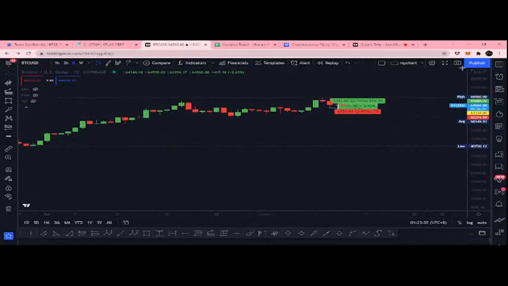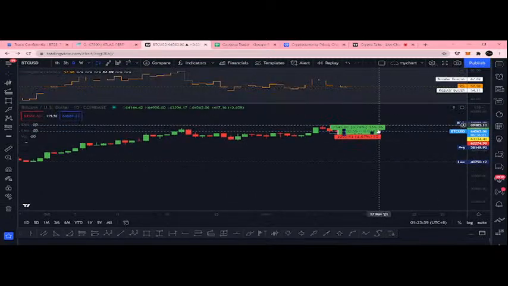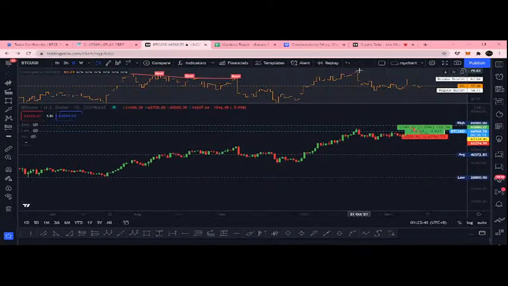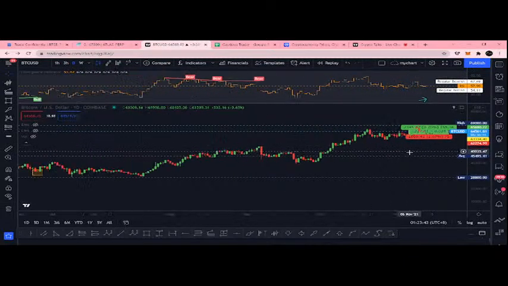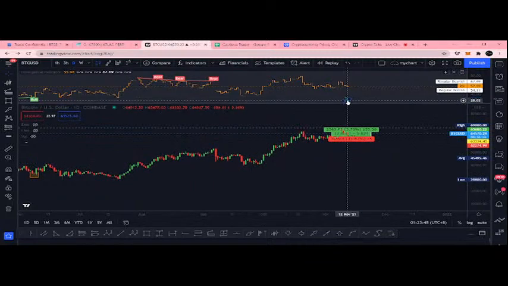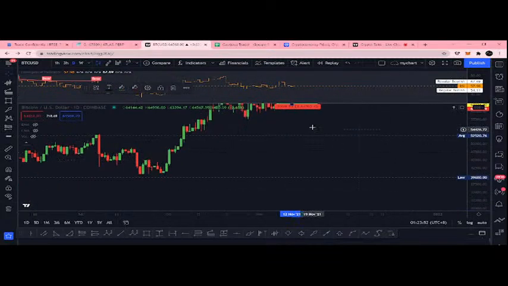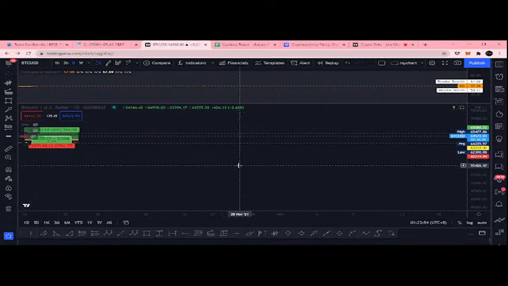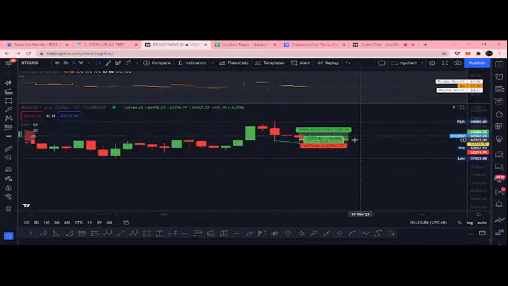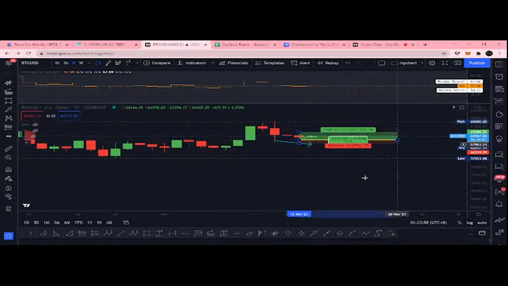It pulled back a bit. The reason being is that there is a bearish divergence already formed. But even me, I failed to spot that bearish divergence. But anyway, I'm still bullish, and this is just a healthy correction.